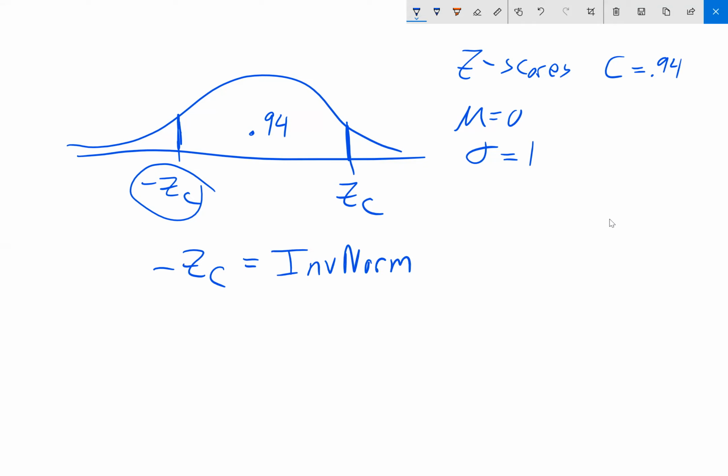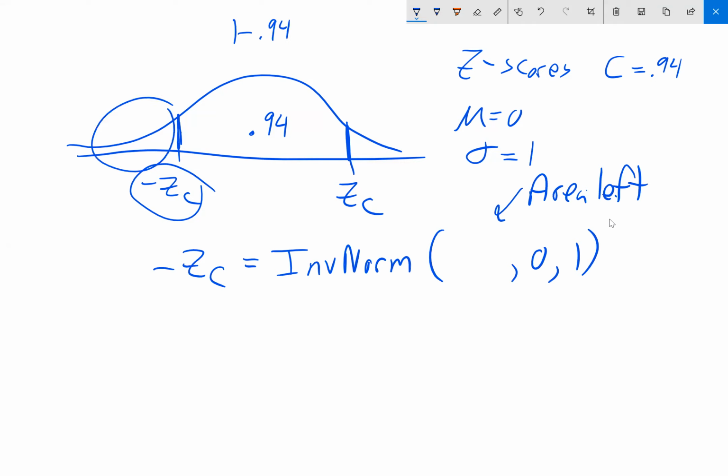Remember, it's the cumulative area, which has to be the area to the left. To find the left area, 1 minus 0.94 gives us the two tails combined. If we divide that by 2, that tells us how much area would be in the left tail. This is how you're going to find it in general.